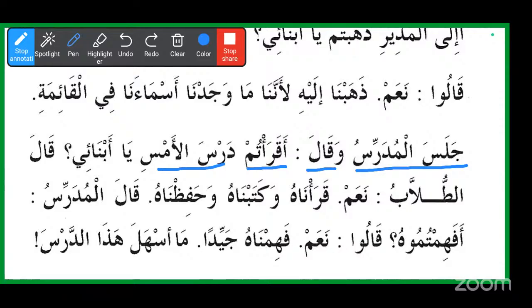A is the question. قرأ is the فعل. tum is the فاعل. أقرأتم, did you read? درس الأمس, lesson of yesterday, or yesterday's lesson. مضاف مضاف إليه.